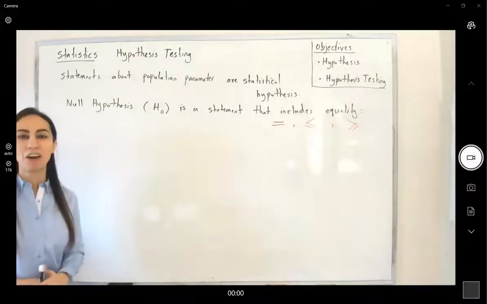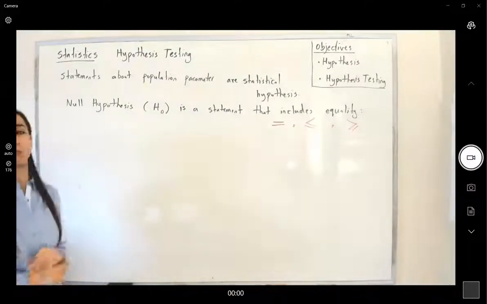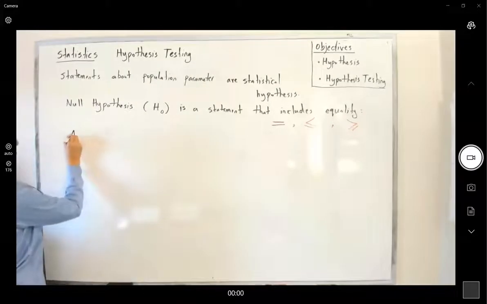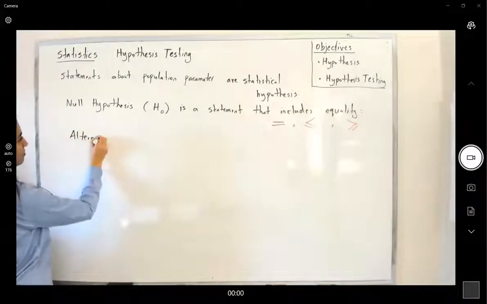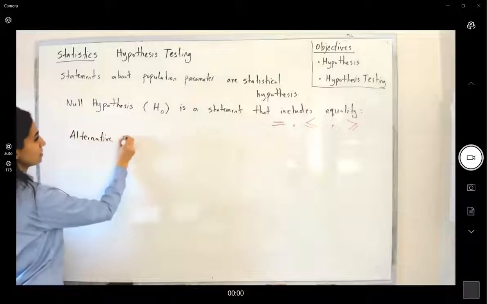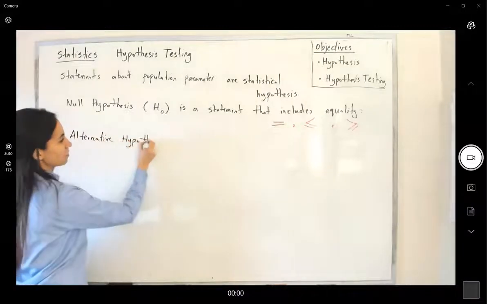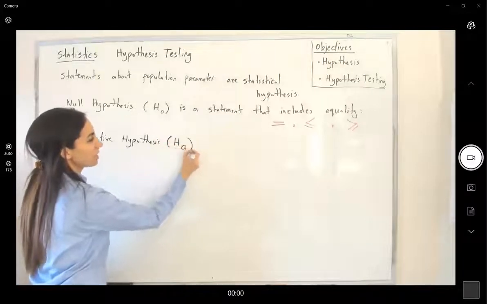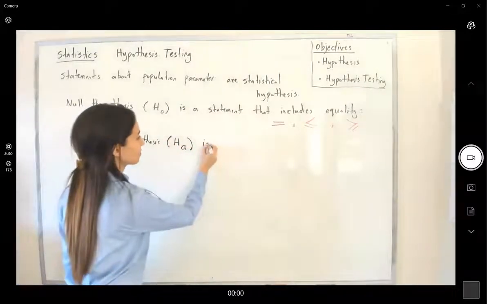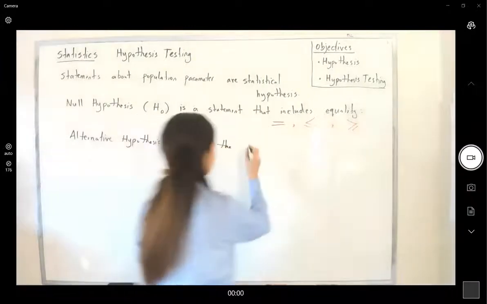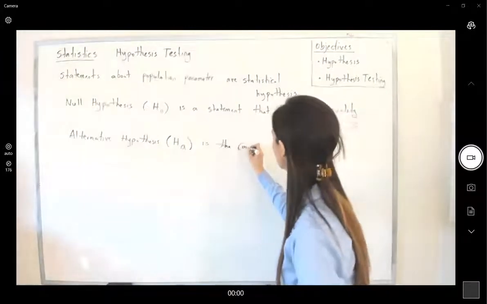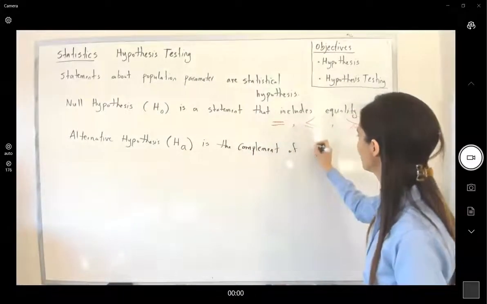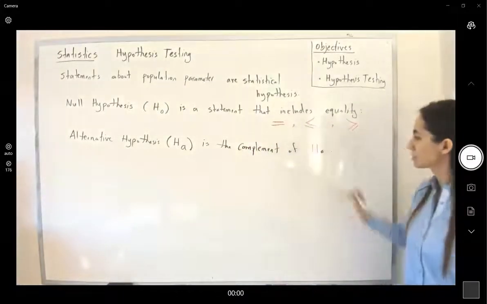The alternative hypothesis is the complement of the null hypothesis. The alternative hypothesis, which is denoted by H sub A, is the complement of the null hypothesis.